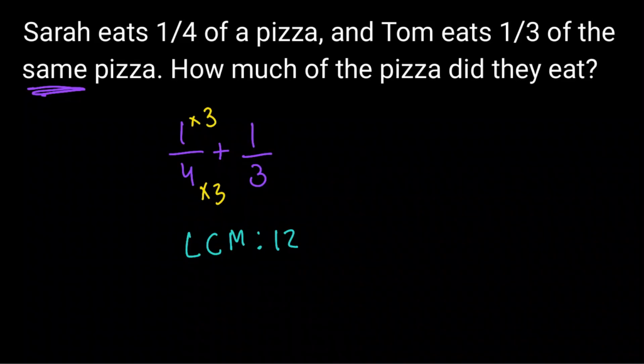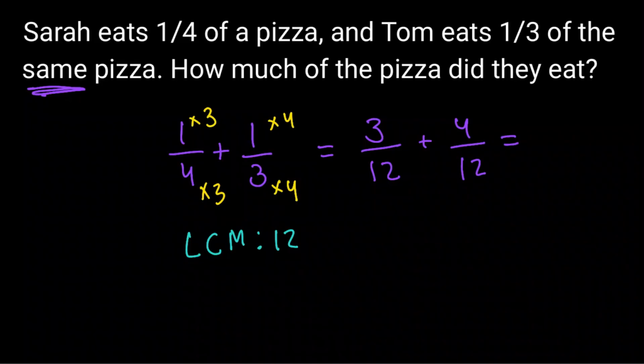And then for the second fraction, we will multiply the top and bottom by 4. This gives us 3 over 12 plus 4 over 12. Now we can simply add these fractions together, which gives us 7 over 12. This fraction cannot be simplified, so this is our final answer.